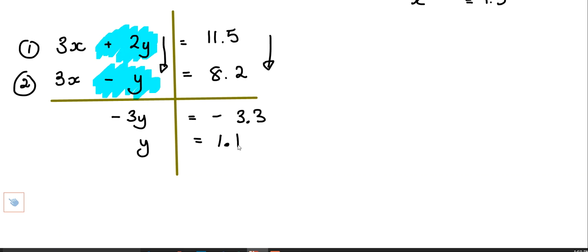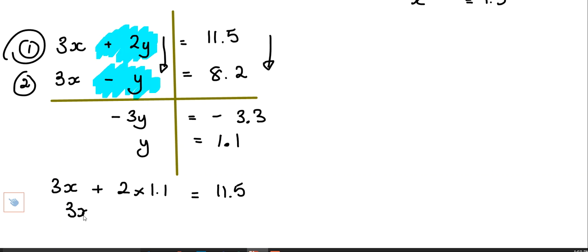How would I go about finding the x value now? From any up here. Well, I don't need to do an inverse. I now know what one of them is, so I can choose. I'm going to choose number 1 and go, well, 3x plus 2 times 1.1, because of 2y, has to equal 11.5.